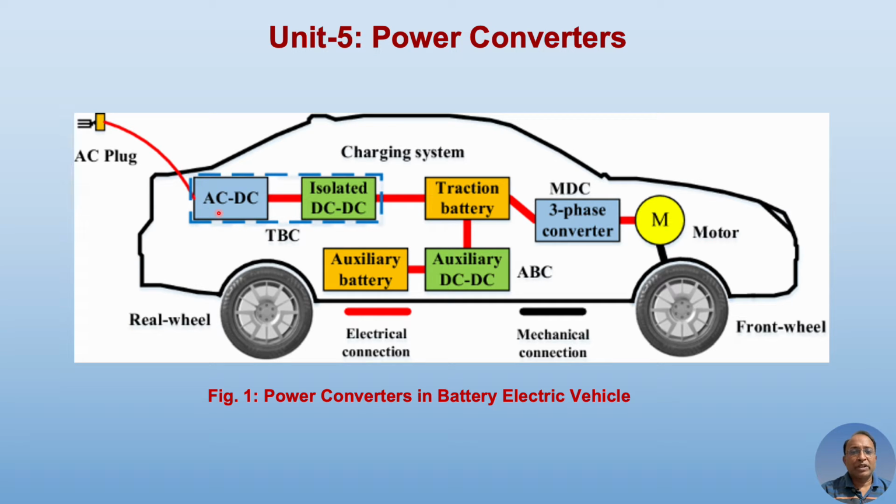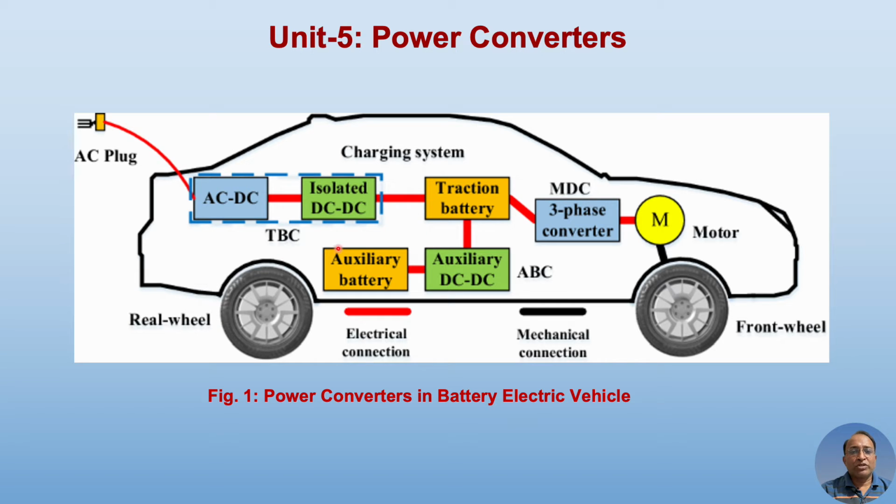The first one is an AC to DC converter, a sort of rectifier, and it is coupled with an isolated DC to DC converter, which provides isolation between the AC powered rectifier and the traction battery to prevent any damage. So an isolated DC to DC converter is required. These two converters, the AC to DC converter and the DC to DC converter, form the charging system. We need to charge the battery as the vehicle is used.